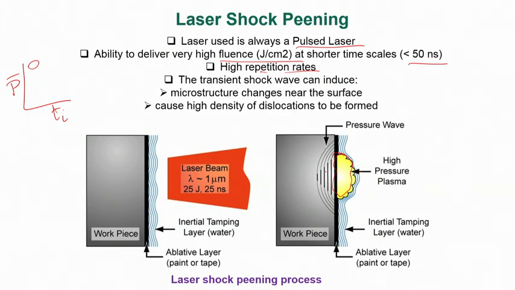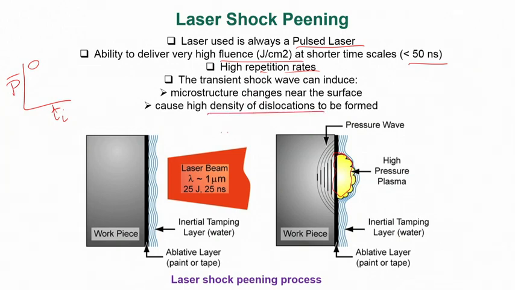This shock wave is very transient, but nevertheless can immediately create a very high stress level, which can cause certain plastic deformation, create a certain dislocation density, and in the process can make the surface harder, and most importantly make the surface develop residual compressive stress.